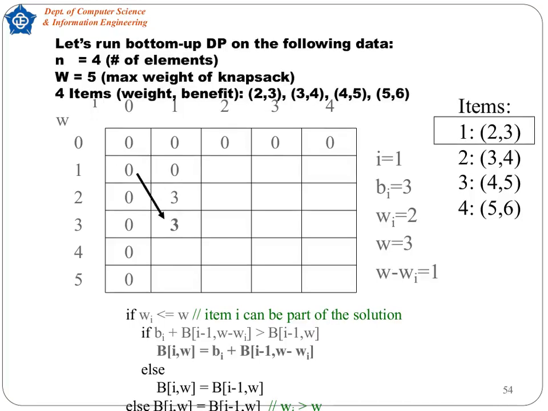As we just saw, we've initialized our DP table and applied the recurrence for item 1. Here's a quick recap of how we fill row 1 for our knapsack of capacity 5 with 4 items. Capacity 0 and 1: item 1 has weight 2, benefit 3, doesn't fit, so the cells remain 0. Capacity 2: including item 1 yields 3, which beats excluding it, 0, so we set B[1,2] equals 3.